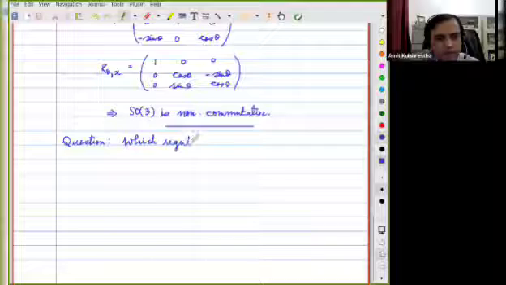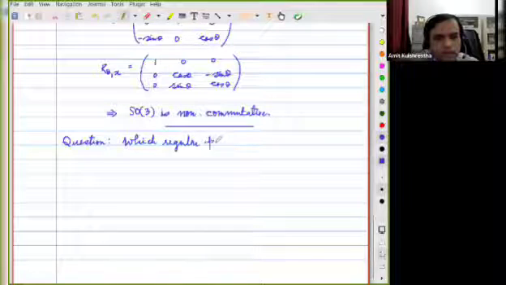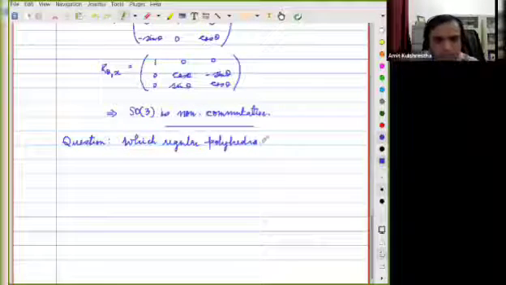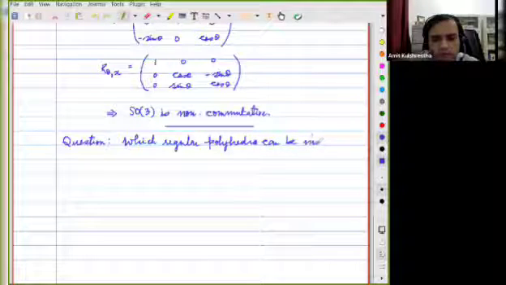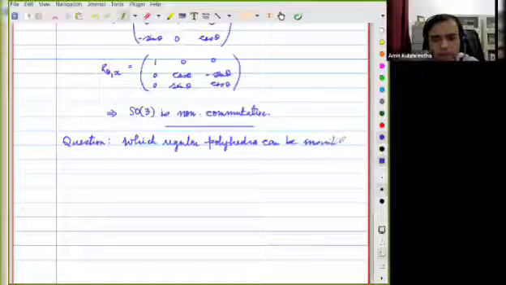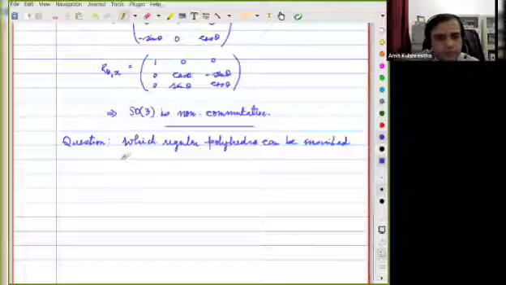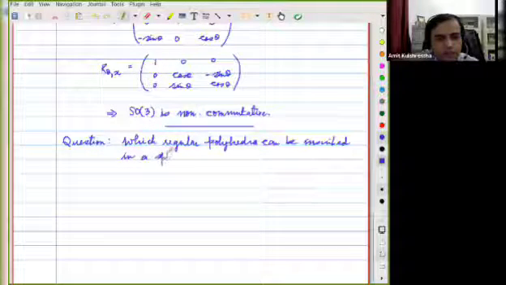Which regular polyhedra can be inscribed in a sphere?